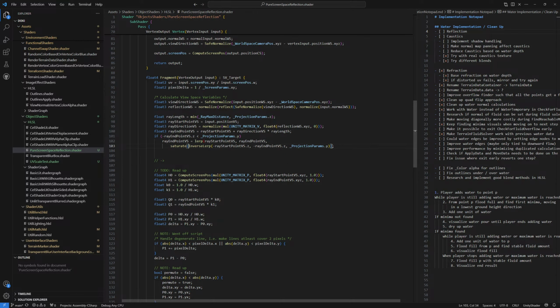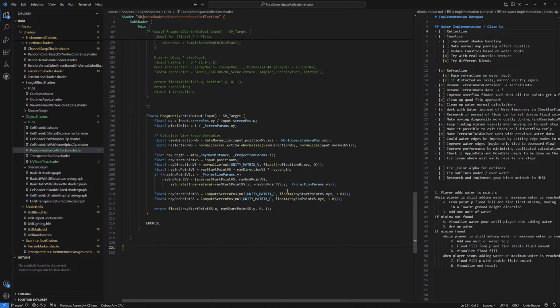Oh yeah, this one. Yeah, might not want to do. Okay, beautiful. So we have a ray start point, we have a ray end point. Let's just walk according to that one, and then we want to check. Let's see here, what is the depth?